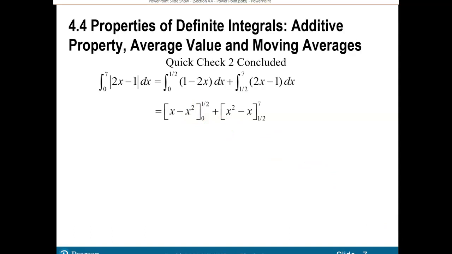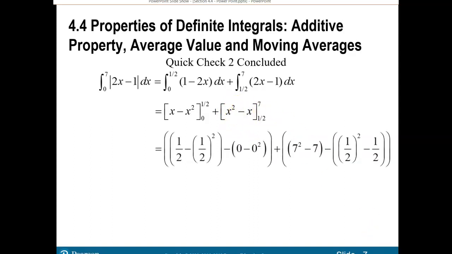From 0 to a half, here the x squared comes first, minus x. From a half to 7, plug in a half, minus, plug in 0, plus, plug in 7, minus, then plug in a half. Clean it up, simplify, and you get 42 1/2.